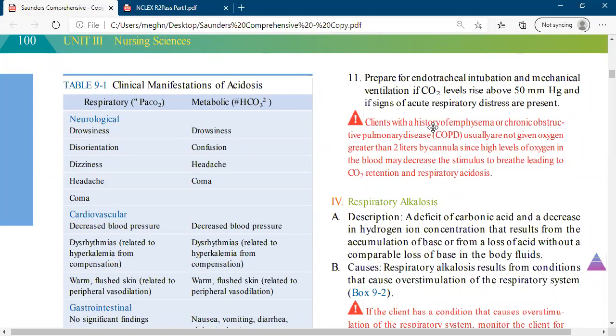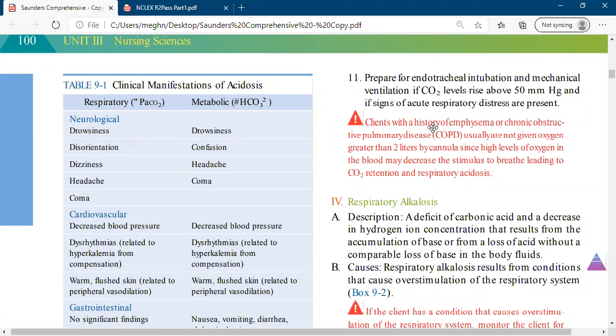If you want to run 100 meters, at the same time you will not eat. So if a marathon runner suddenly falls, the respiration is too fast. As I told you, if the respiratory rate is too fast, the problem is respiratory alkalosis. If the patient has COPD or emphysema, the breathing is too slow, meaning the patient is diagnosed with respiratory acidosis.